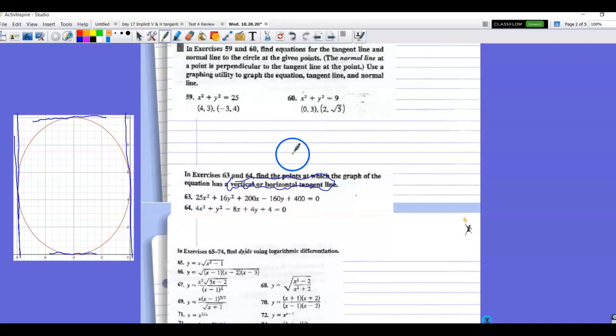So to find vertical tangents, the first thing we're going to have to do is find the derivative of this expression. So in number 63, I'm going to start the derivative work up here.